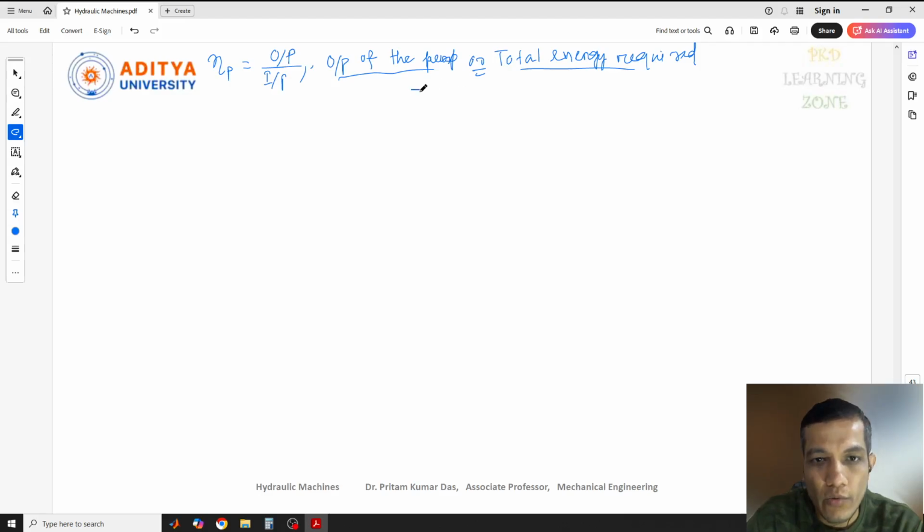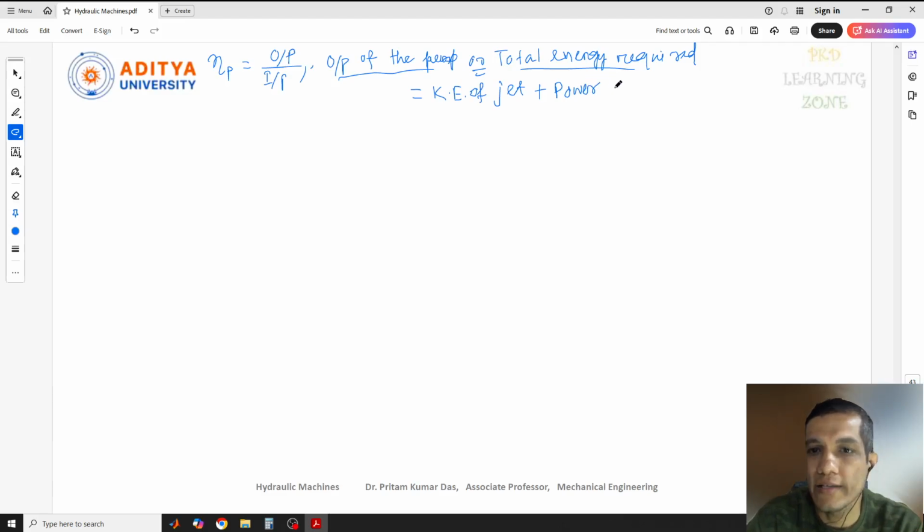This is equal to the kinetic energy of the jet, plus the losses that happen during this flow, or we can say the power required to overcome the pipe losses. The losses are given, but how much power is required to overcome them?